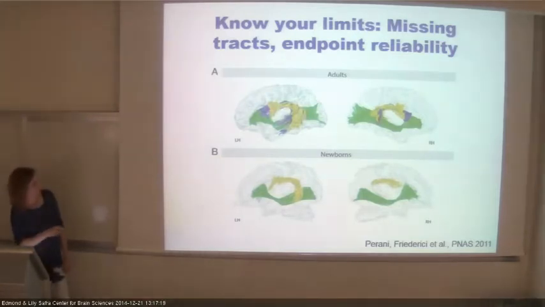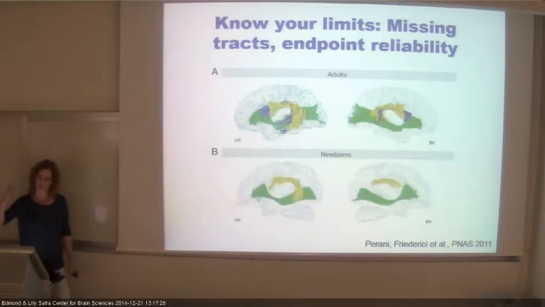And the second point that I want to highlight is that our level of angular resolution is such that when the fibers get close to the cortex, they could go slightly to each direction and hit one gyrus or the next gyrus. And it's very rare that we can talk with great precision and confidence about these choices that the fibers make.